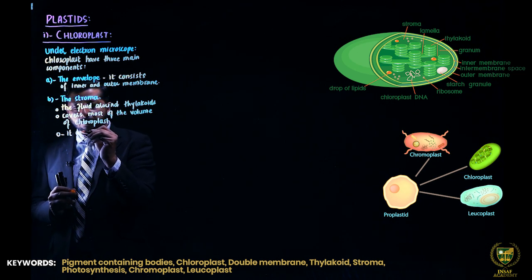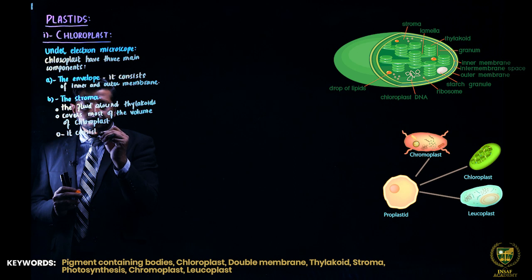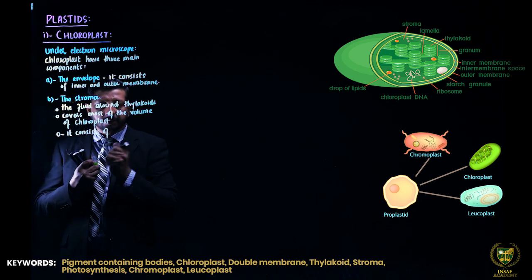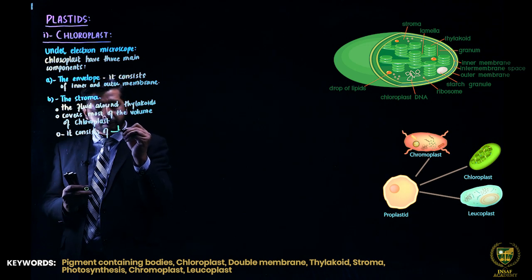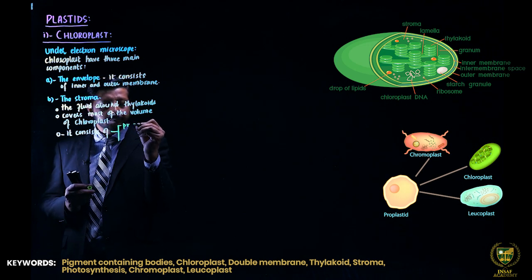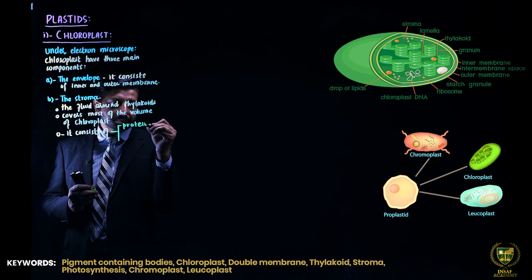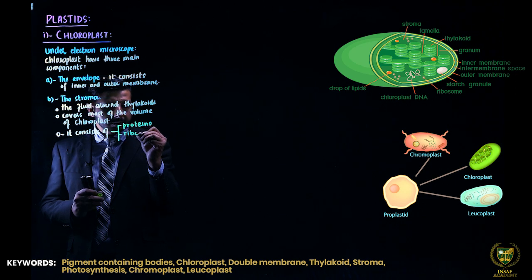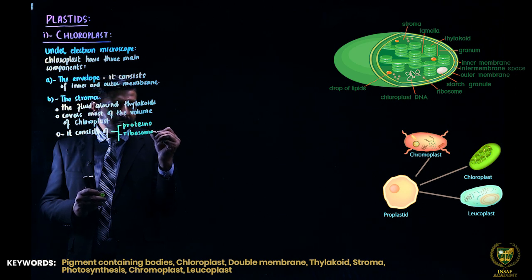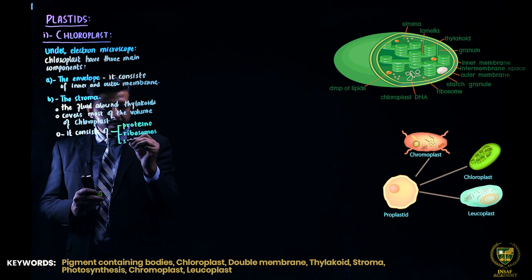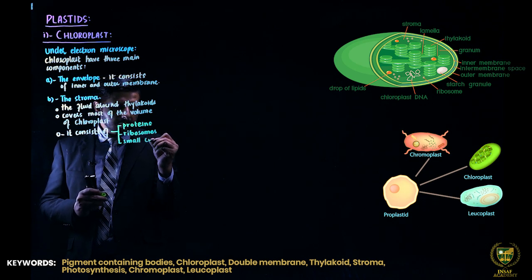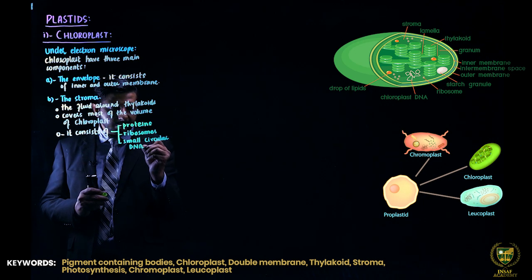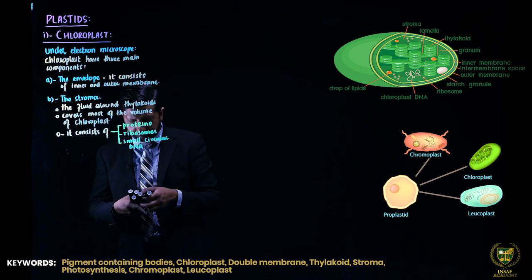As far as its composition is concerned, it consists of some proteins and ribosomes and small circular DNA. Clear? Small circular DNA.